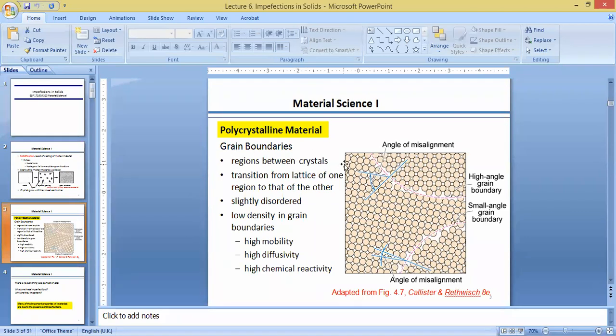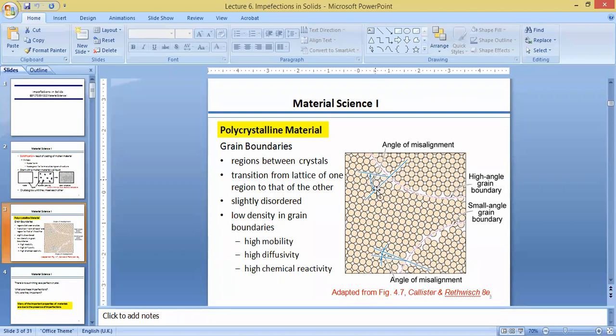So grain boundaries, like we said, I think we covered this partly when we looked at crystalline structures. These are regions between crystals, and they transition from the lattice of one region to that of the other, and they are slightly disordered, as you can see. There's this arrangement that looks perfectly okay, and then there's that arrangement coming in that direction, then the other arrangements.